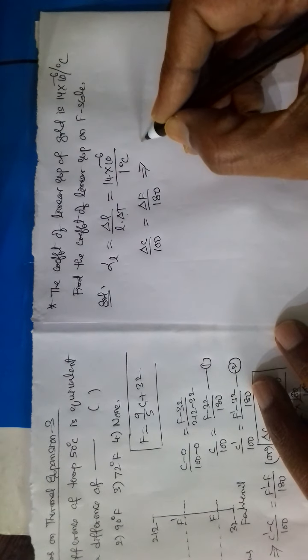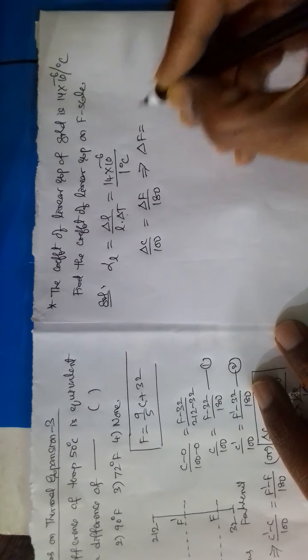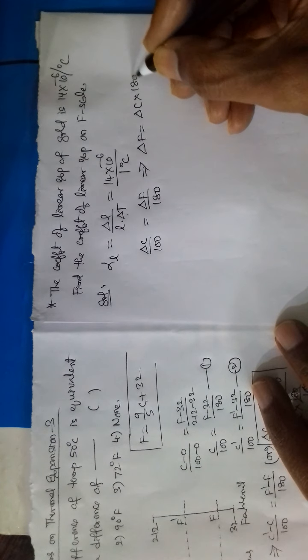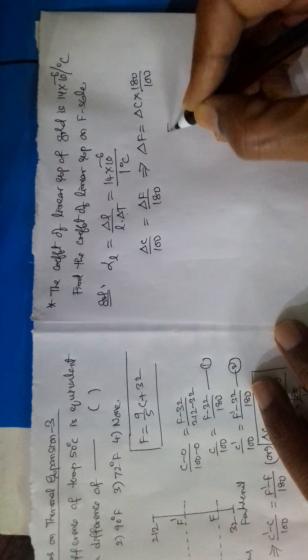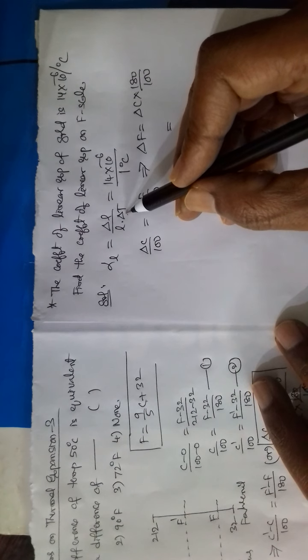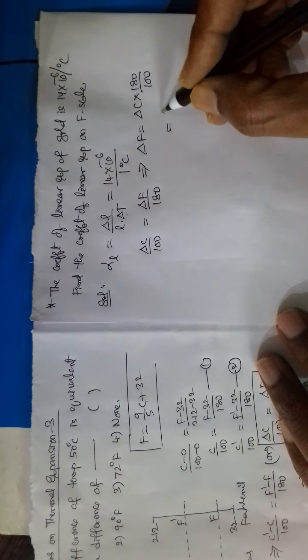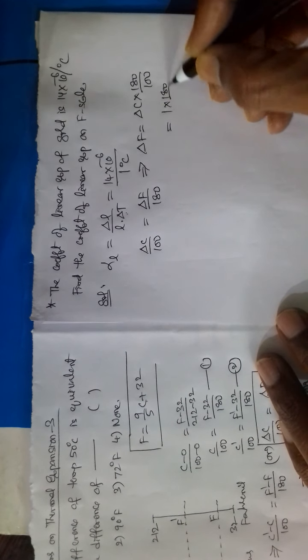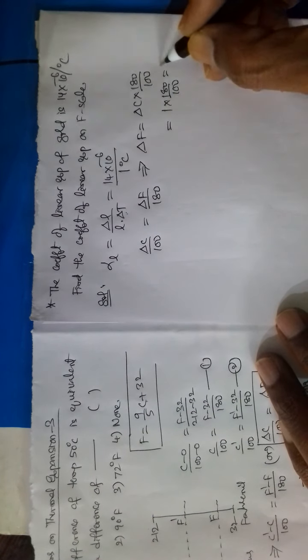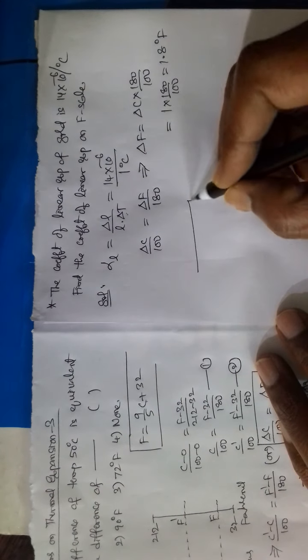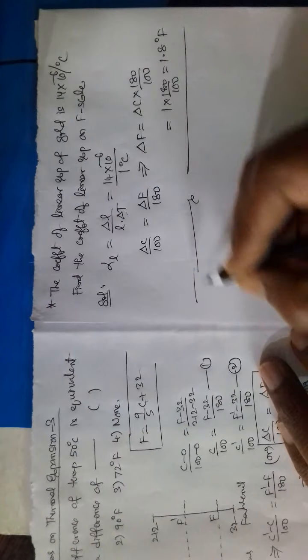From this, delta F is equal to delta C into 180 by 100. Here the change in temperature, difference of temperature, is 1 degree centigrade into 180 by 100, that is 1.8 degree Fahrenheit. So this is the answer.